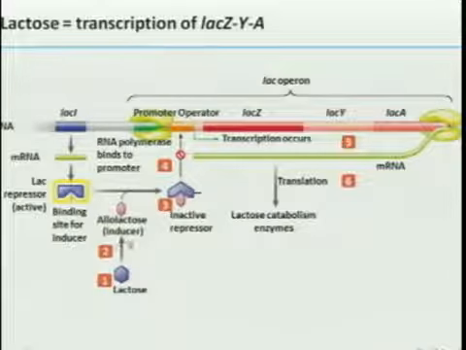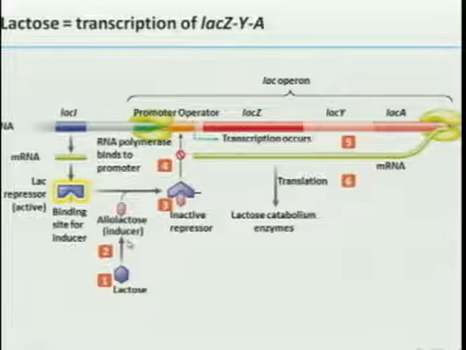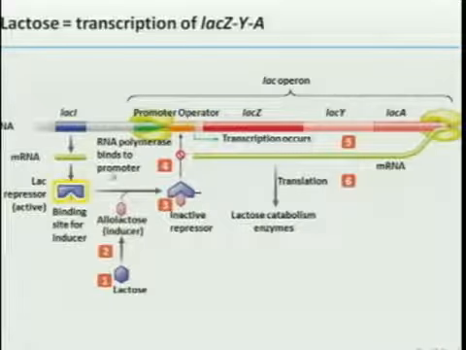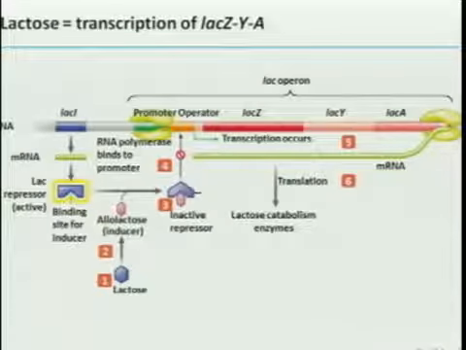Now, there's actually an additional chemical step here. It doesn't matter. From your perspective, what happens is the agent in the medium, the sugar, that should cause this gene to be transcribed, binds to the repressor. And that binding inactivates it. So it shuts down the repressor.